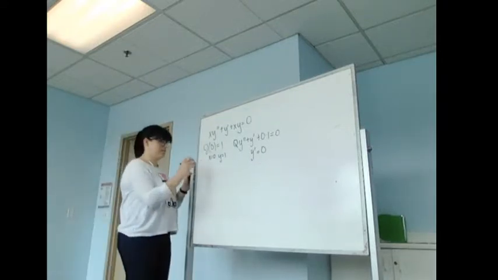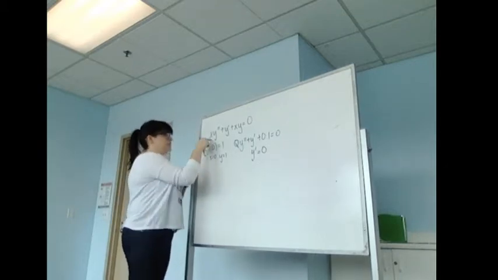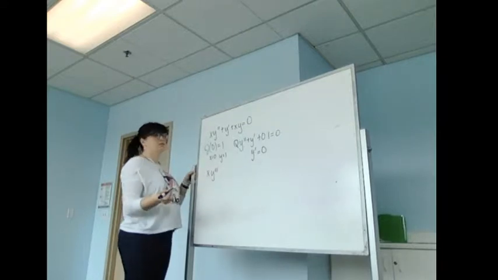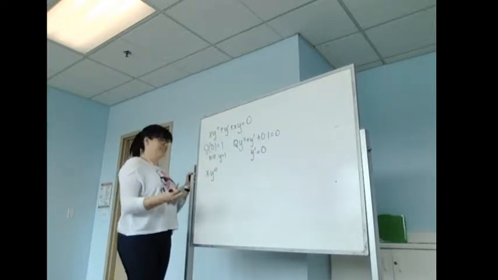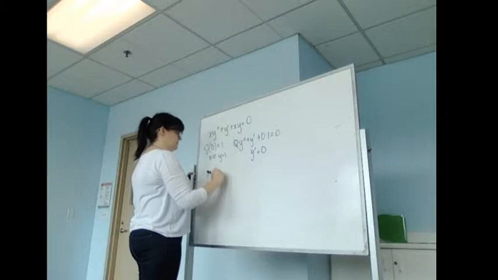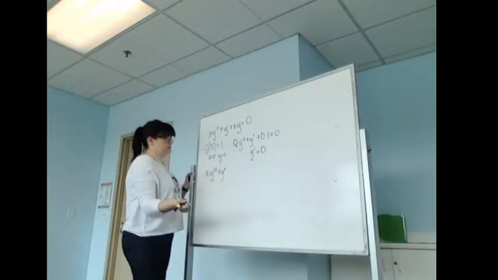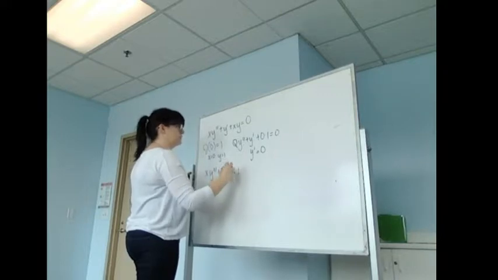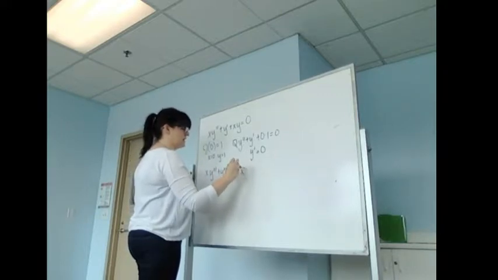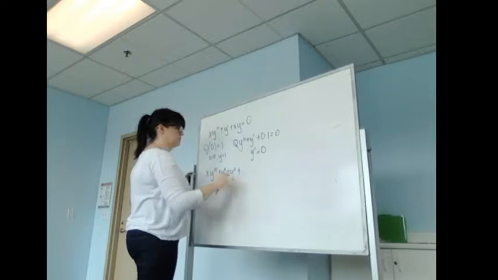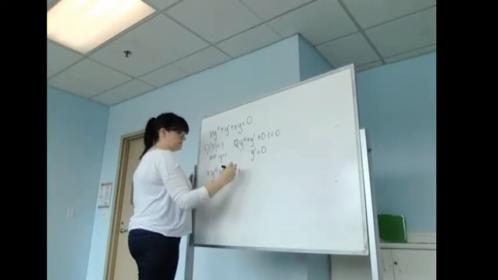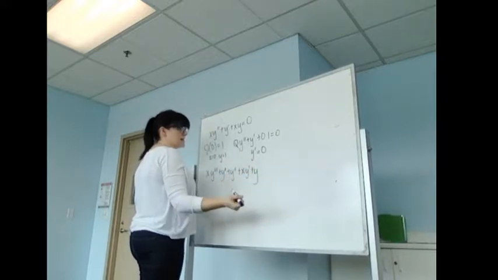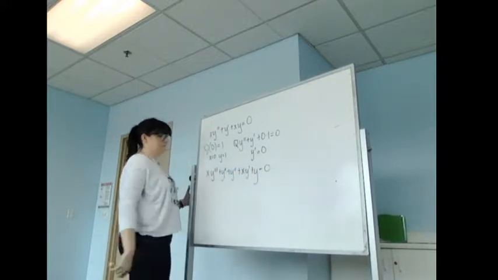So let's differentiate, using the product rule: x times the derivative of y double prime, plus y double prime times the derivative of x, which is just 1, plus y prime plus x times the derivative of y prime plus y times the derivative of x, equals 0.